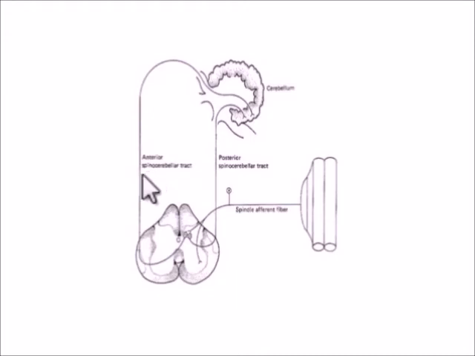This anterior spinocerebellar tract carries mainly the sensation of crude touch and pressure. So one tract does not cross at the level of spinal cord, the other tract crosses at the level of spinal cord as well as at the level of the midbrain.